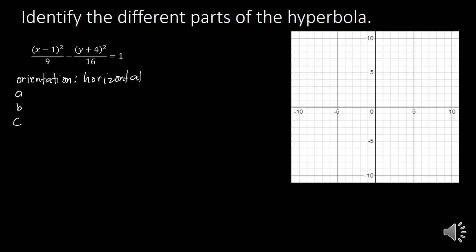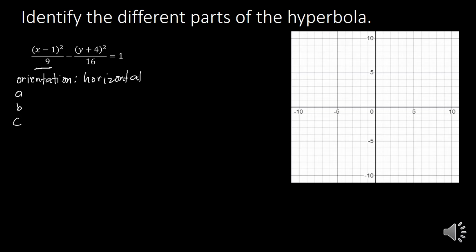So let's start with identifying our a. Unlike the ellipse, wherein we identify a based on the bigger denominator, in hyperbola it's different, because you base your a on whichever denominator has the positive expression in your equation. This time we have 9, which is with a positive expression.